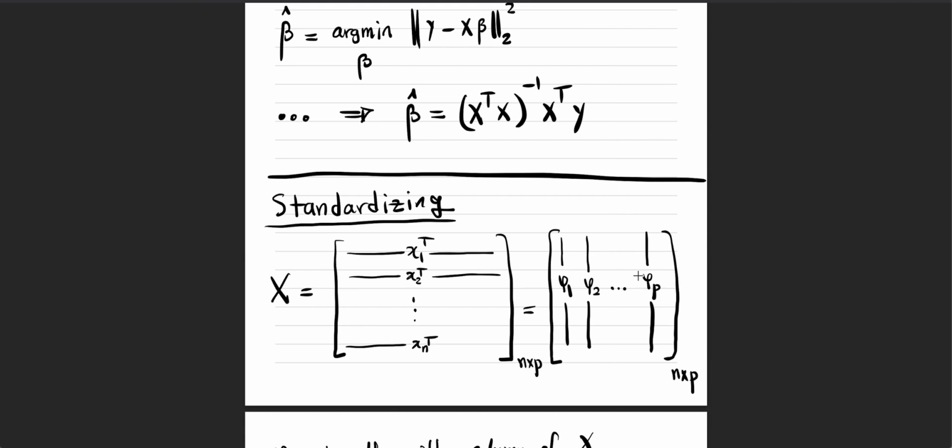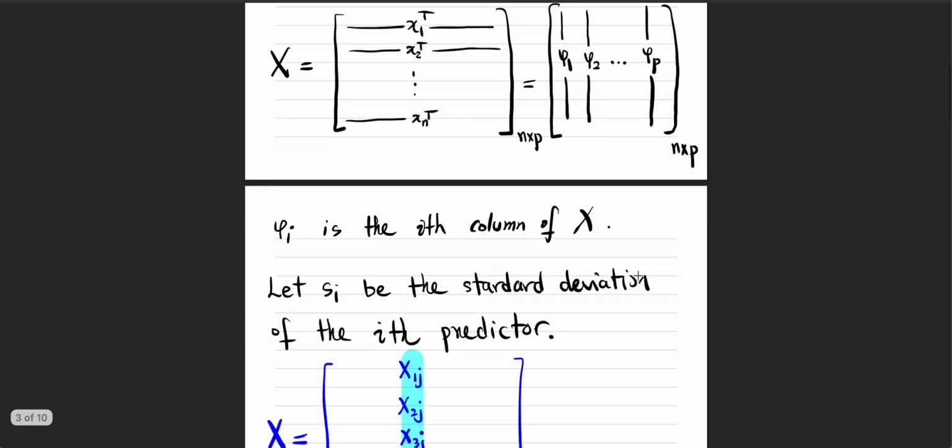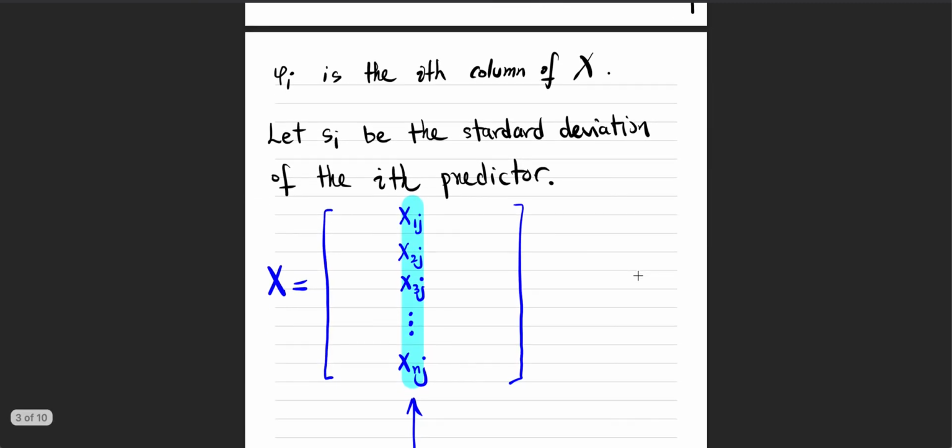So therefore, since we want to standardize the predictors, I need a formulation which refers to the columns. So phi i is the ith column of X.